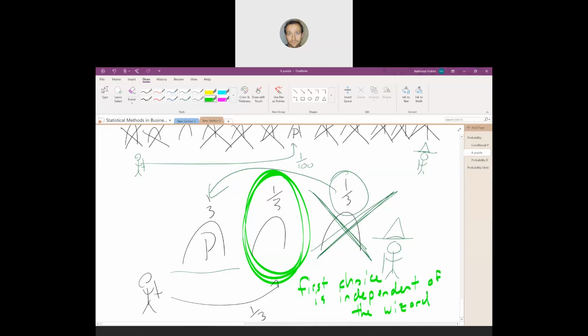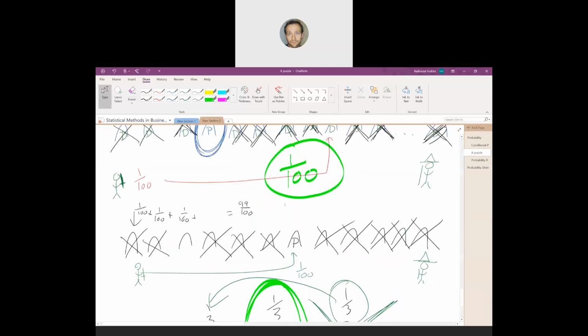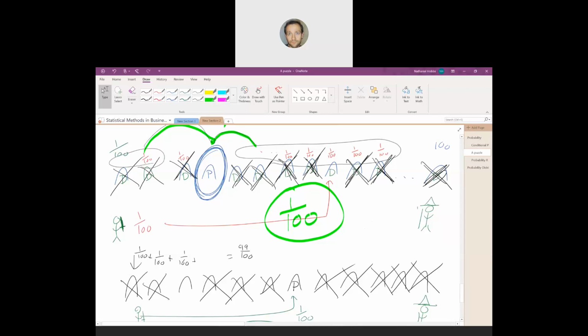The best way I can think about explaining it without math is that the wizard is forced into revealing certain doors.